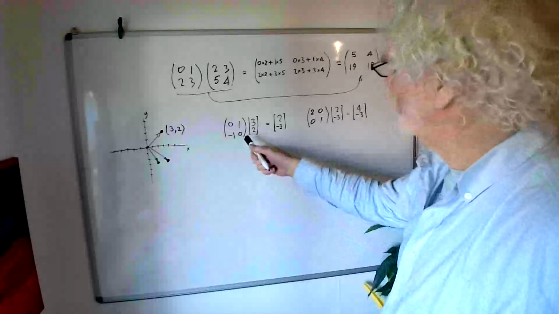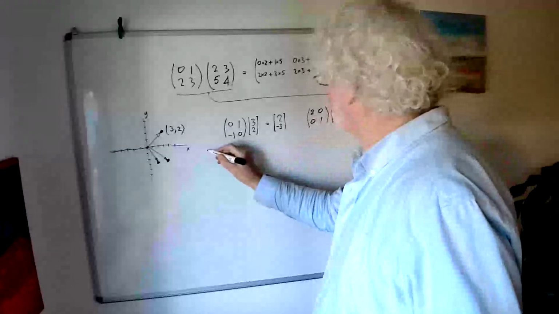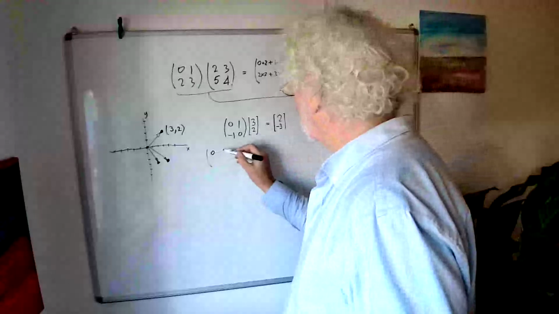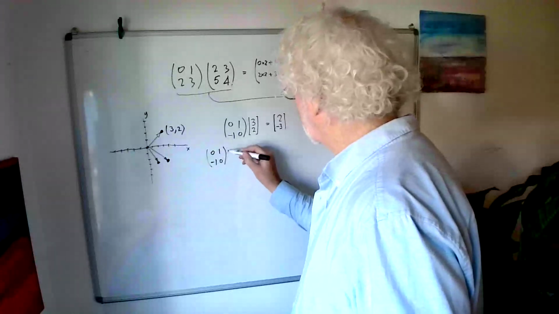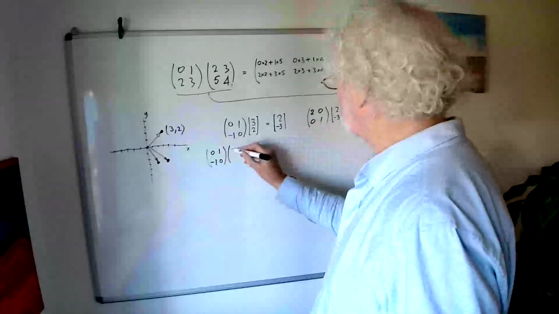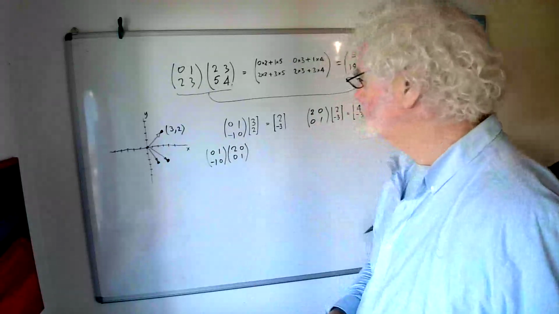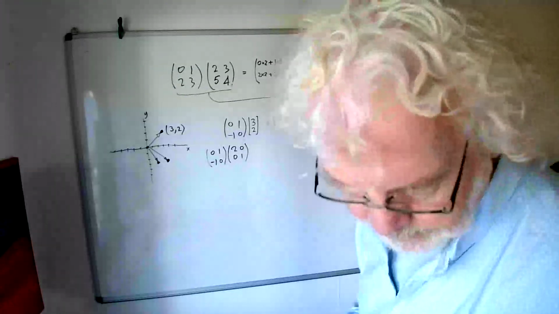So instead of doing it that way, first of all, I'm going to multiply these two matrices by one another. I think that's the wrong order. That is the wrong order.